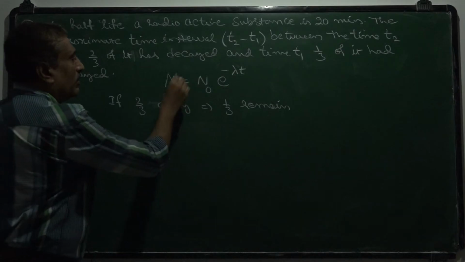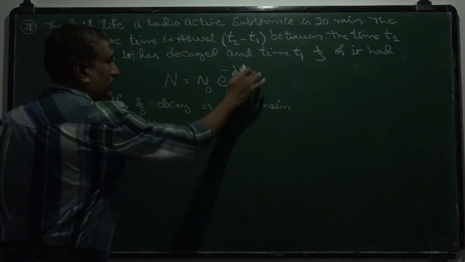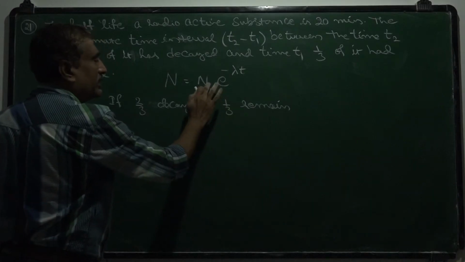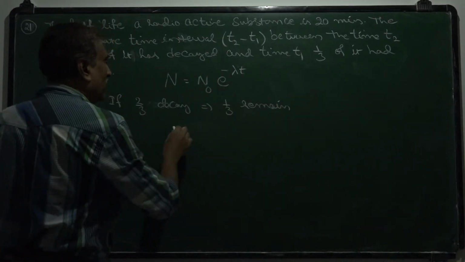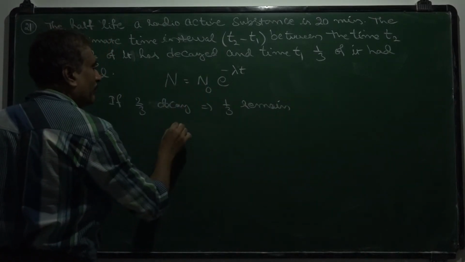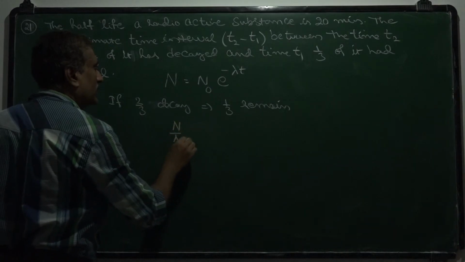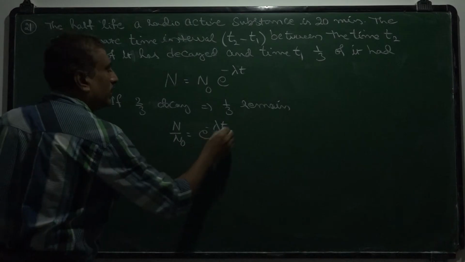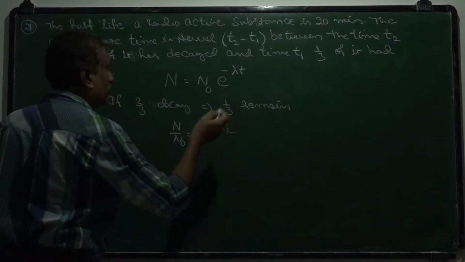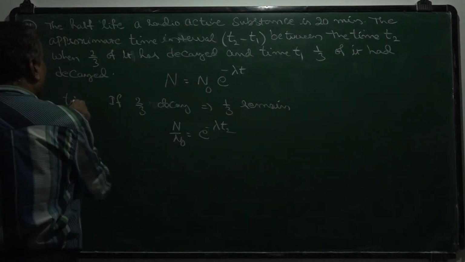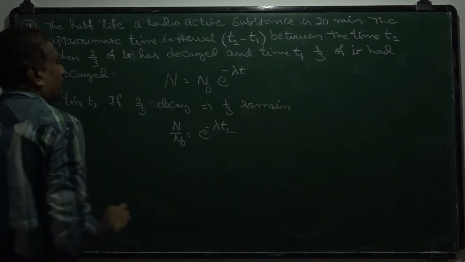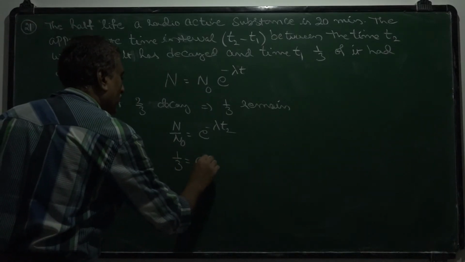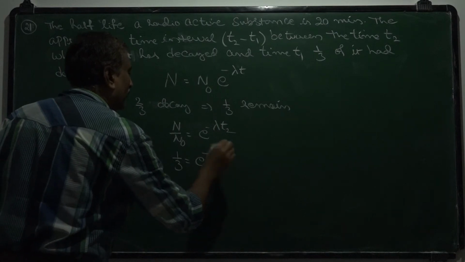Now in this, the same relation we have to use. N is the remaining number of nuclei and N0 is the initial number of nuclei. So we can write N by N0 is equal to e power minus lambda t. So for time T2, this can be written as 1 by 3 is equal to e power minus lambda T2.